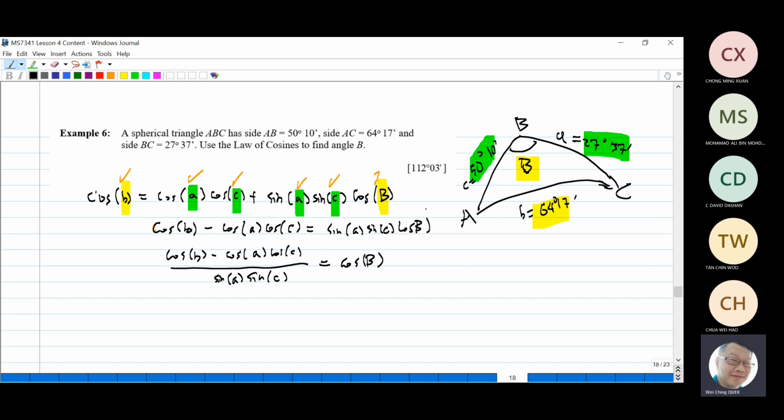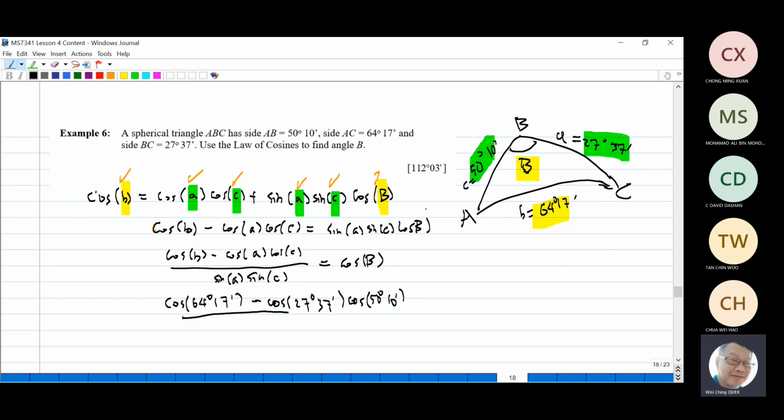So now put in the value of B here, 64 degrees 17 minutes. So cosine 64 degrees 17 minutes, and minus cosine A, which is actually 27 degrees 37 minutes, then cosine of C now, 50 degrees 10 minutes.